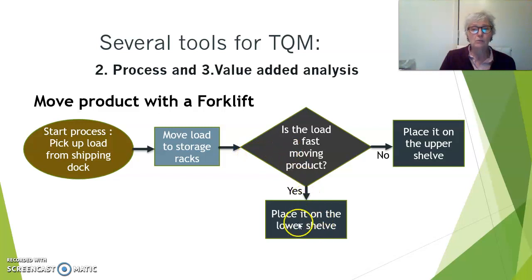Yes, then it should be placed on the lower shelf. Is it not a fast moving product? Then it could be placed on a higher top level shelf, because then customers have to do a little bit more work to get the product. So in analyzing the process, we know what to do, where to place the products.